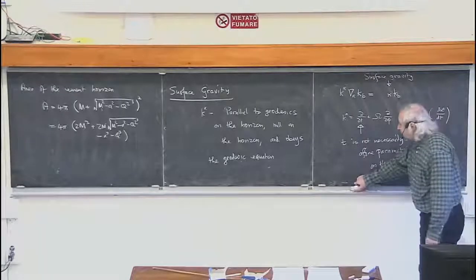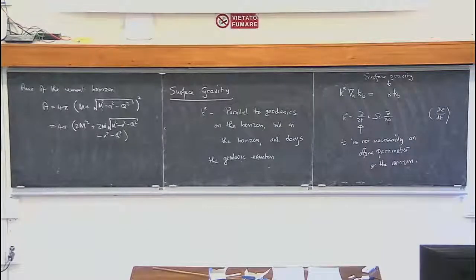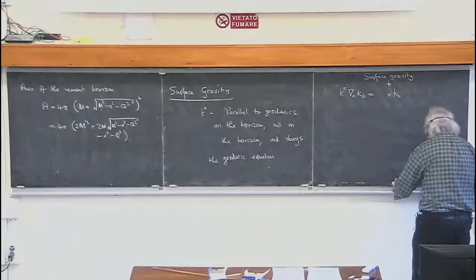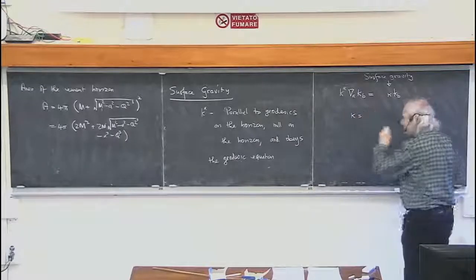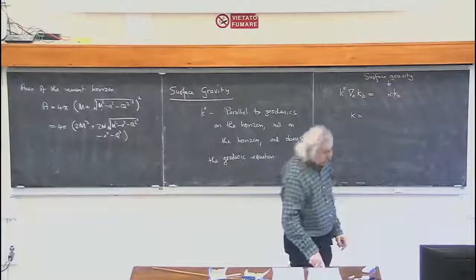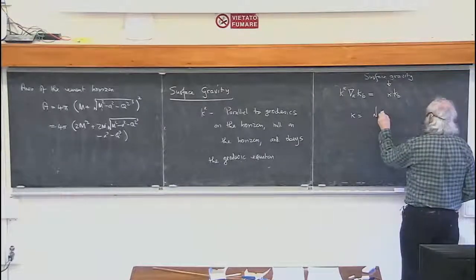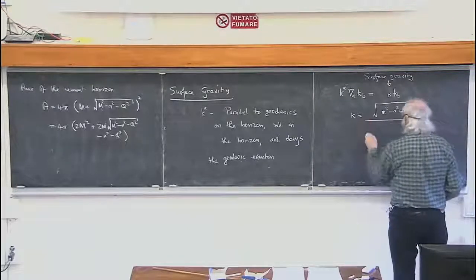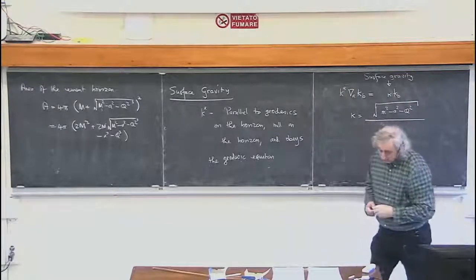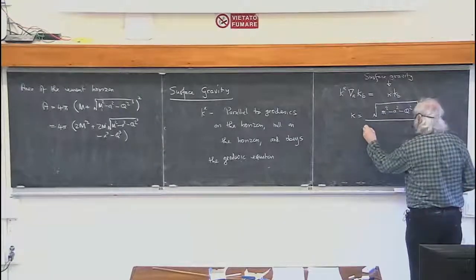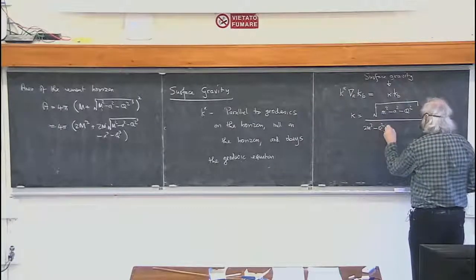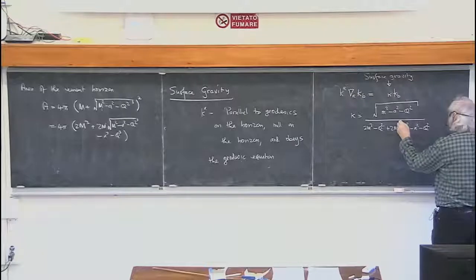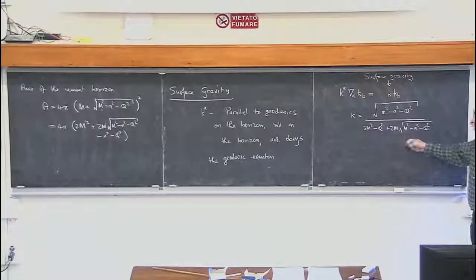It's an acceleration. And if you evaluate it, you will discover that kappa is equal to the square root of m squared minus a squared minus q squared, divided by 2m squared minus q squared plus 2m times the square root of m squared minus a squared minus q squared, where this denominator is the same as the denominator in omega.